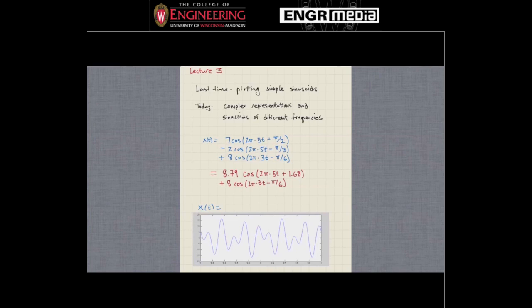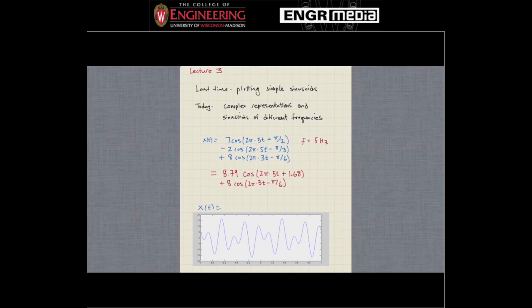of the same frequency. So what I have written here is just an example of a sinusoid. You can see there are three terms here. This first term, 7 cosine 2 pi times 5t plus pi over 2, has a frequency f of 5 hertz.